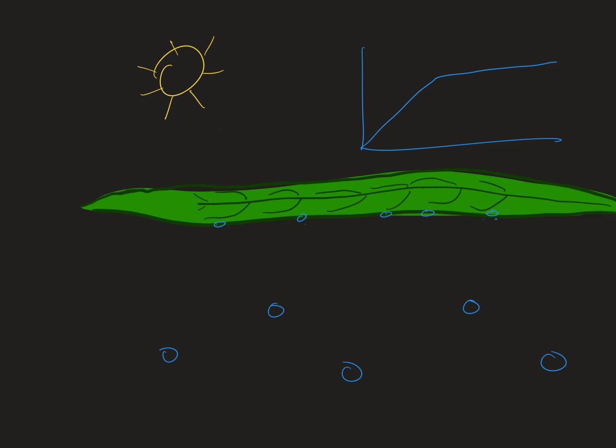Now, we know about concentration gradients. We know that if there is a steeper concentration gradient between the leaf and the outside surroundings, water is more likely to move out of the plant. However, if there are already water particles present in the air, this concentration gradient is decreased. This means that the rate of loss of water would also decrease. And we can expect a graph somewhat like this.